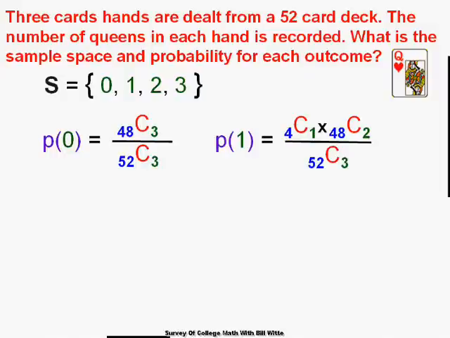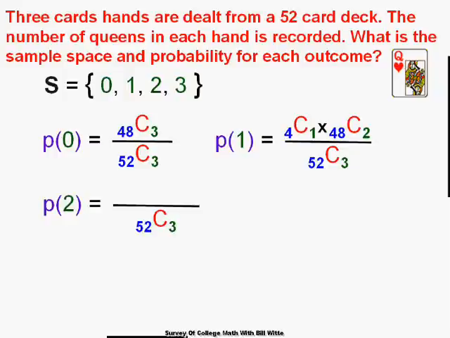We're going to do something very similar to figure out the probability of getting 2 queens. We'll use the same sample space: 3 cards drawn from a 52 card deck. That's a combination of 52 taken 3 at a time. Now, let's produce the 2 queens first.